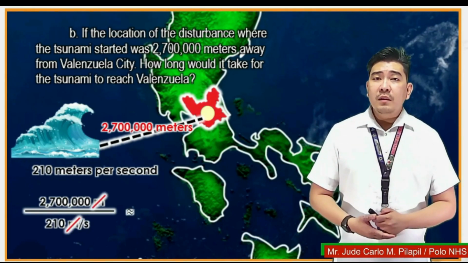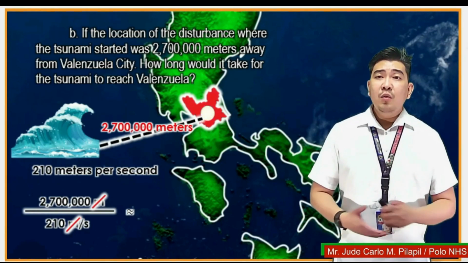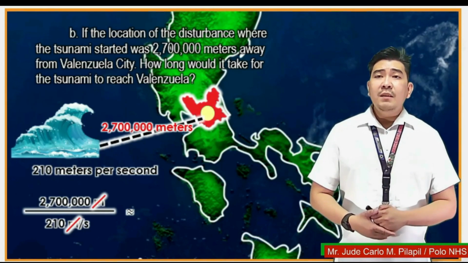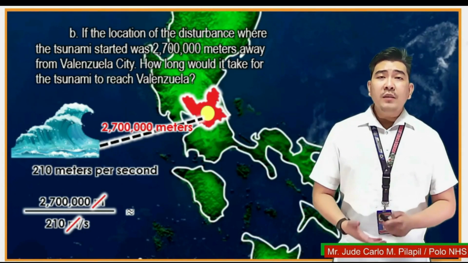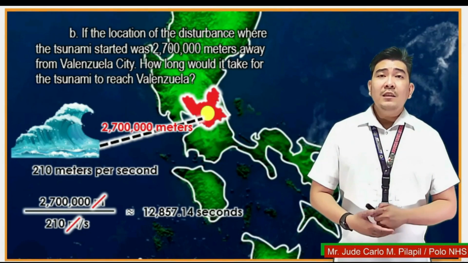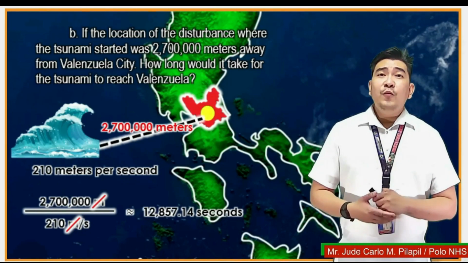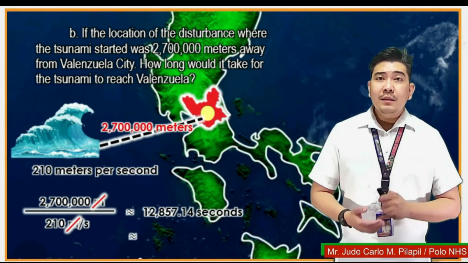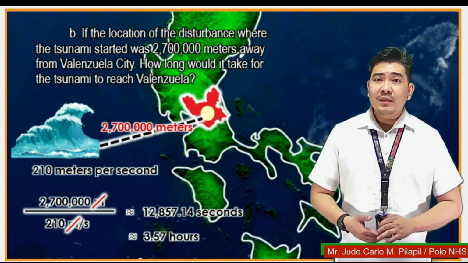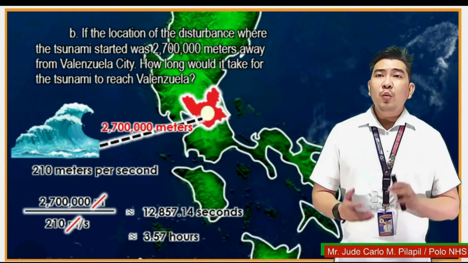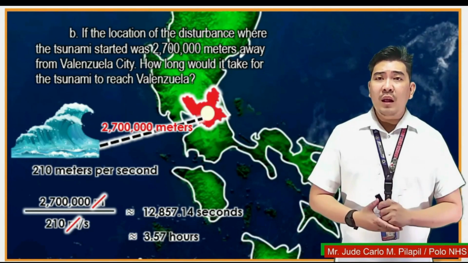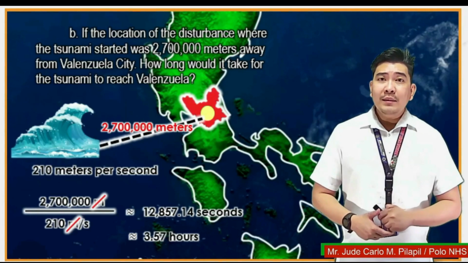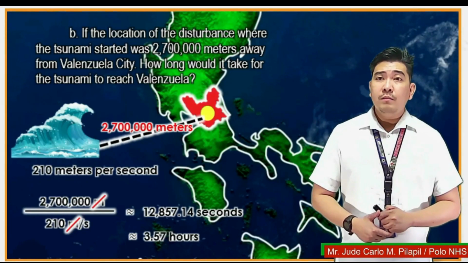Simplifying, we cancel meters and we are left with seconds. 2,700,000 divided by 210 is approximately 12,857.14 seconds, or approximately 3.57 hours. So if we are residing in Valenzuela or places near Valenzuela, we only have less than 4 hours to prepare.